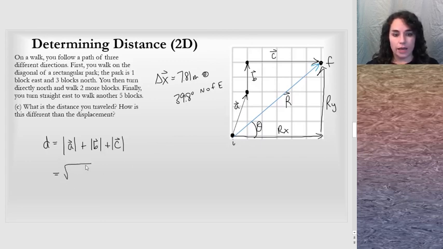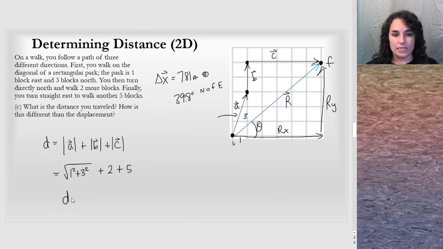We know A has to be the square root of 1 squared plus 3 squared, right? If I use Pythagorean theorem on that one, I have 1 on this side and 3 on this side, and so the hypotenuse has to be the square root of 1 squared plus 3 squared. So then we can add on B, which is another 2, and add on C, which is another 5.